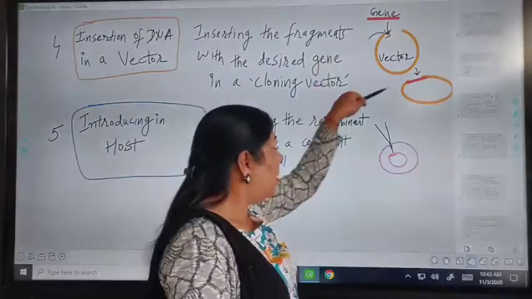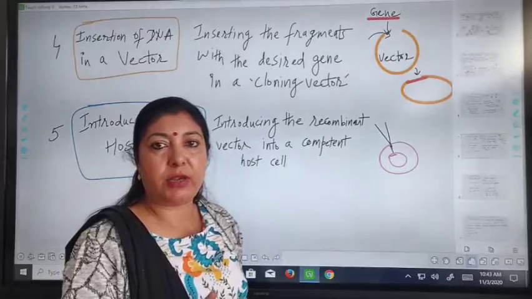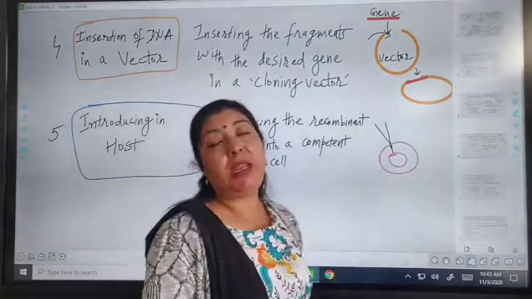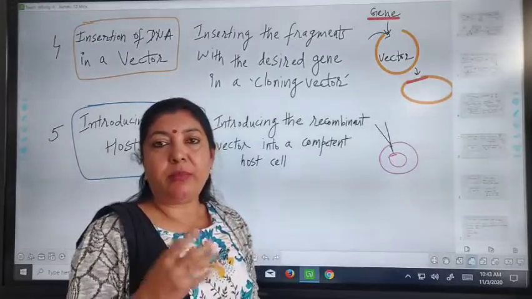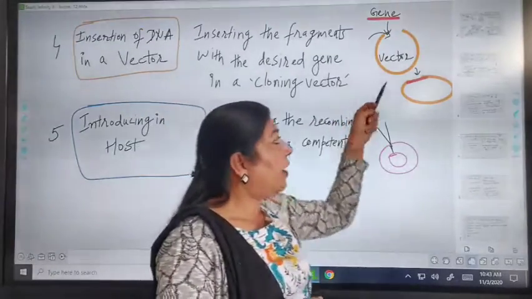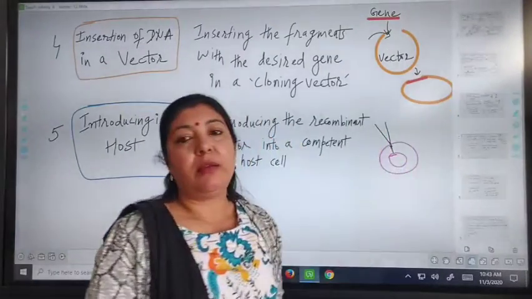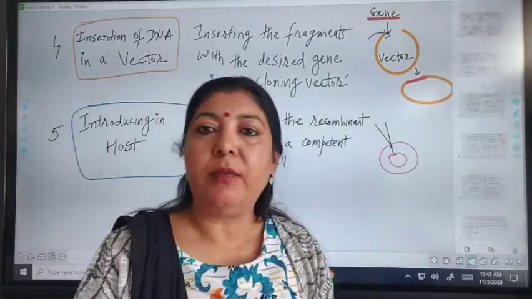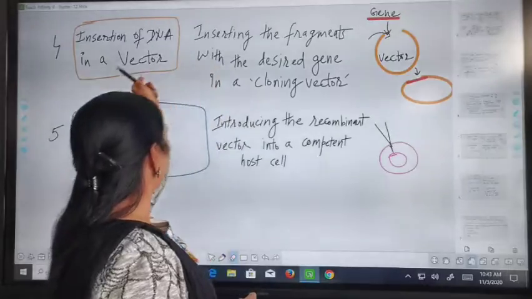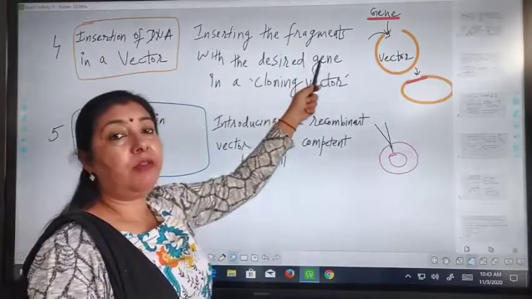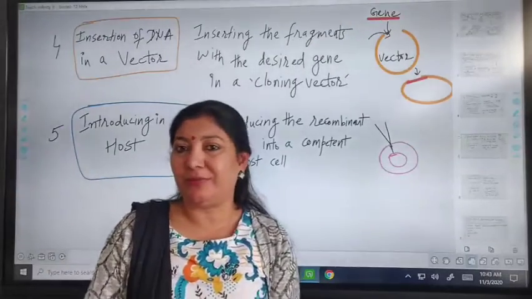This yellow color is the vector which is cut with a specific enzyme, restriction endonuclease. Likewise, that gene is also cut. So they get sticky ends, and because of those sticky ends, they can be fitted with each other, and this plasmid is a recombinant plasmid. Okay, so step number 4 is inserting the fragments with the desired gene in a cloning vector.